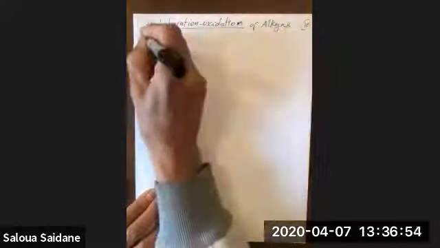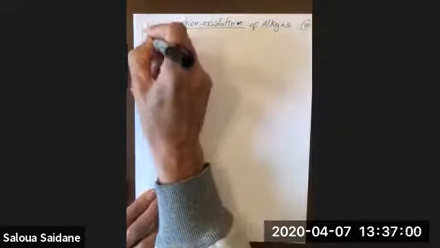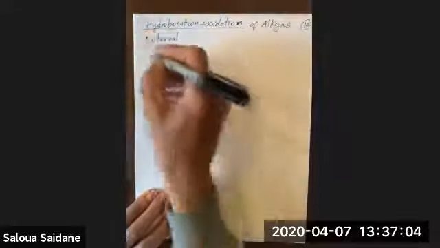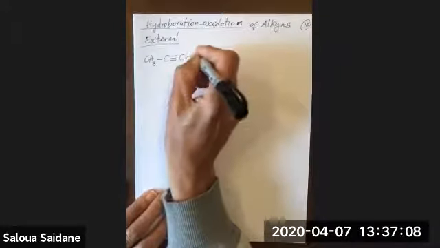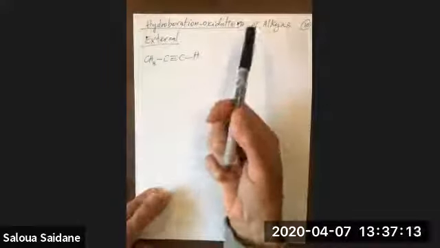So let's start with an external. So what external did we use? We used CH3, CH. And then what is the hydroboration?